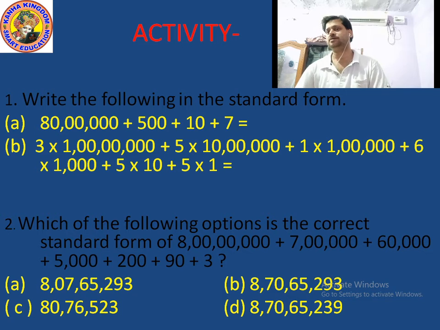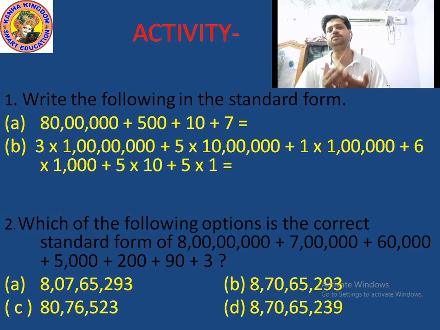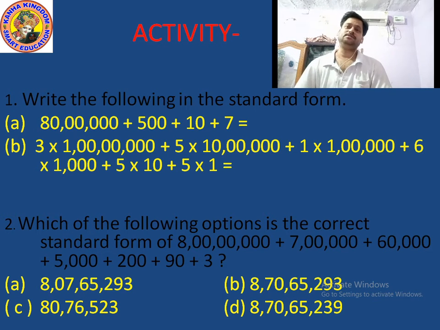The rest, 7,00,000, has only 2 commas. Then 60,000 has 1 comma, and 5,000 has only 1 comma. So in the question there are 3 commas.